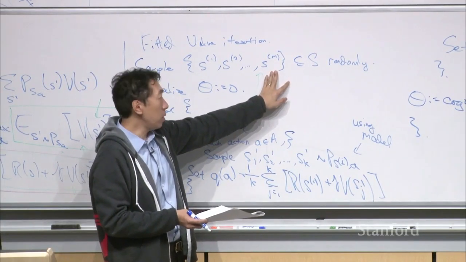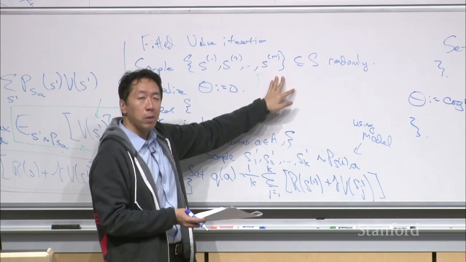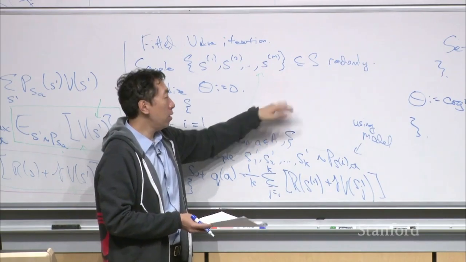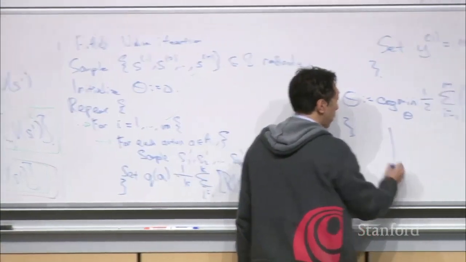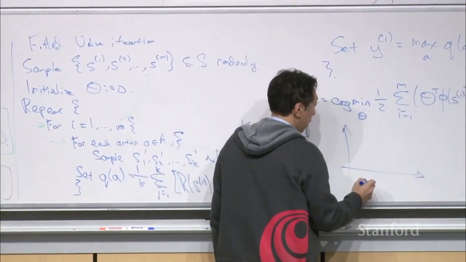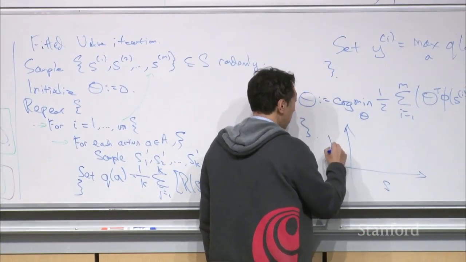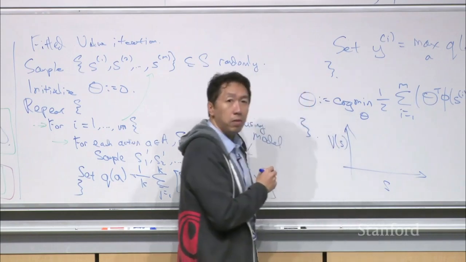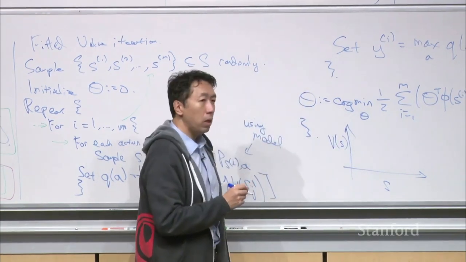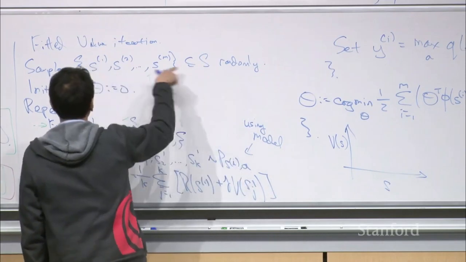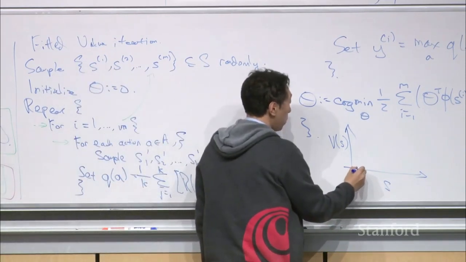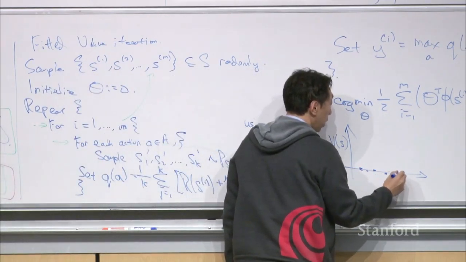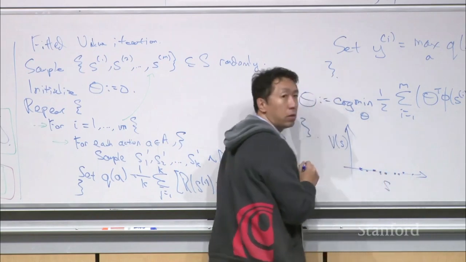This M is the number of states you use in order to sort of anchor. The way to think about this is you want to learn the mapping from states to V of S, and so these M states, we're going to choose M states on the x-axis, right?